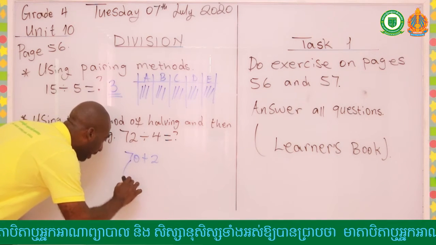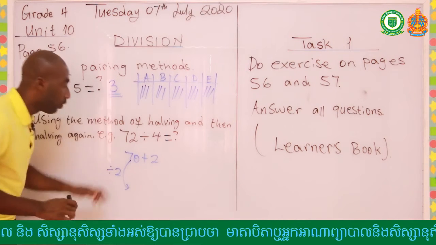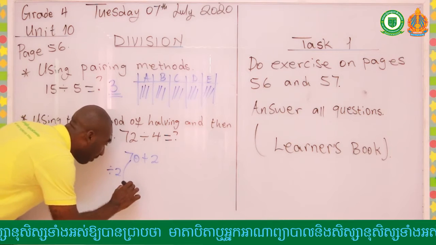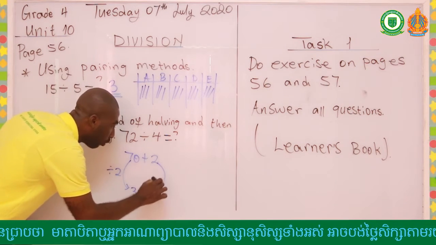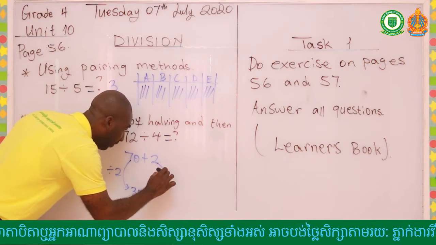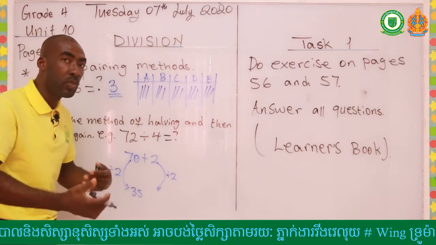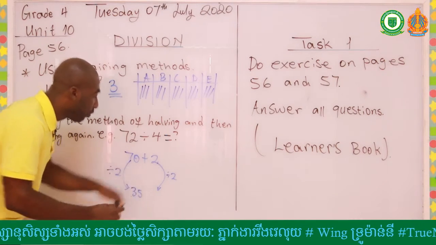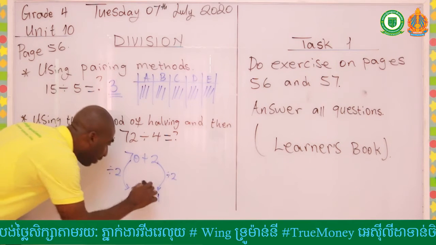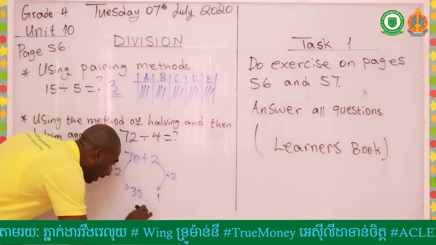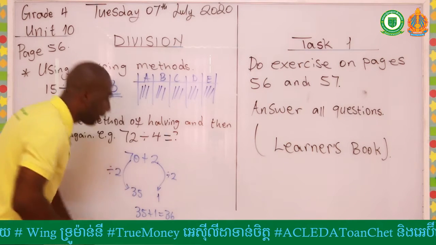So we'll divide our 72 by 2. When you divide 70 by 2, you have 35, and then you divide your 2 by 2. We are using half, so which means we are dealing with 2. So 2 divided by 2 will also give us 1. Then we'll put them together. It becomes 35 plus 1, which is equal to 36.